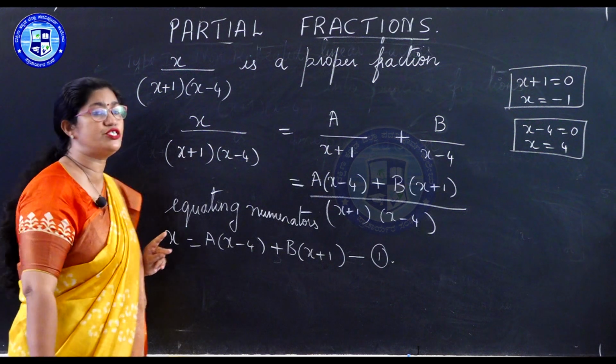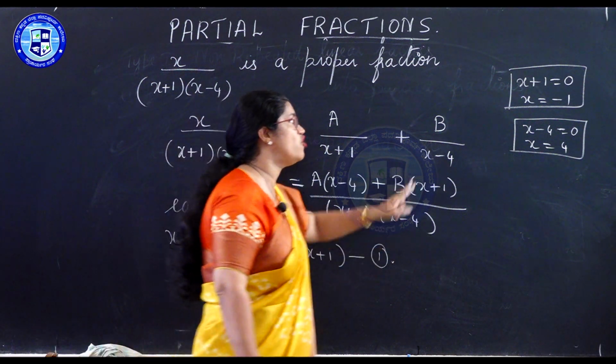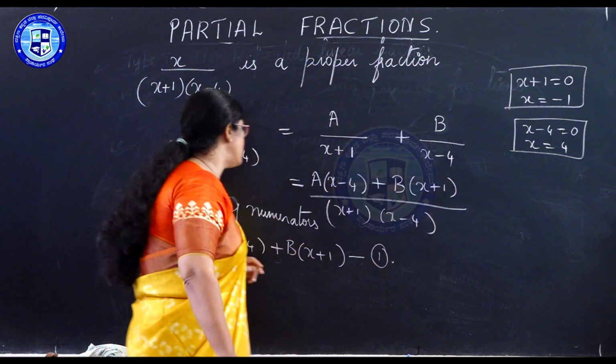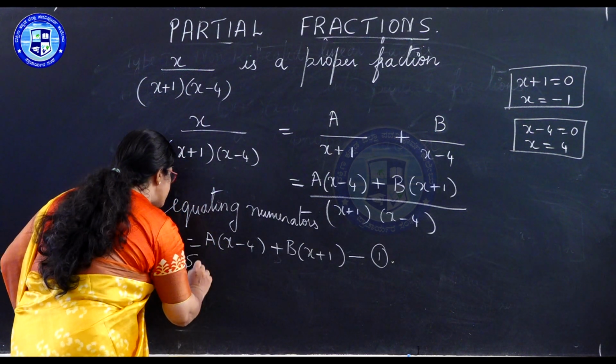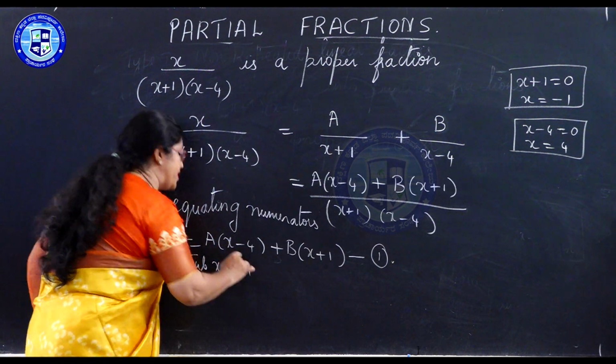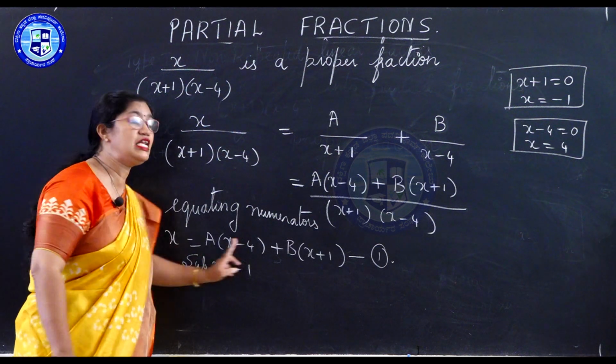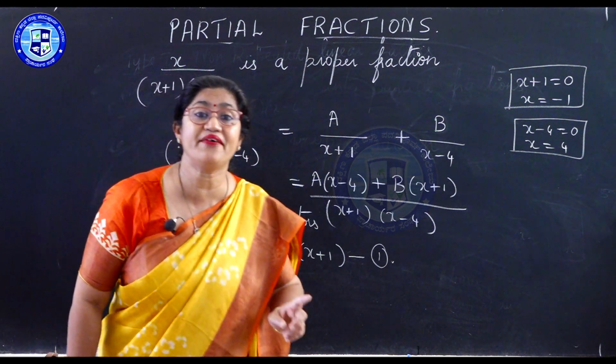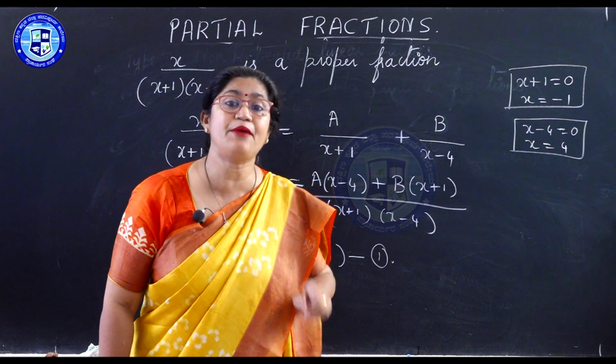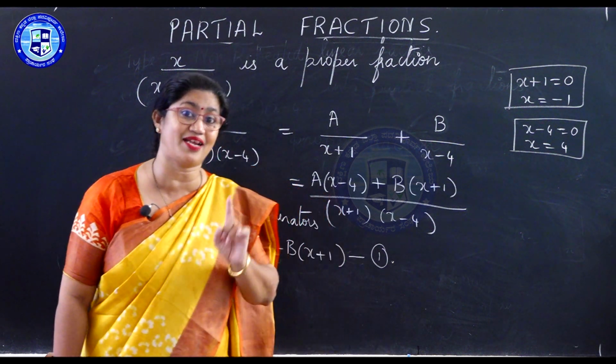So let me substitute now in equation 1. First I will substitute x is equal to minus 1. So when I substitute x is equal to minus 1, in the full equation, wherever there is x, replace it by minus 1. I will repeat.